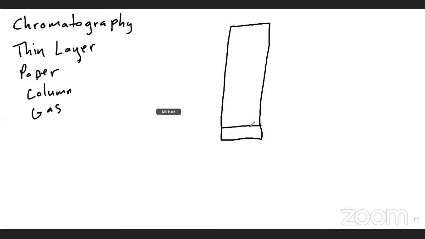This line here is called the origin. If you get anything to label like this, you will have a line at the bottom and one at the top. This one is called the solvent front.